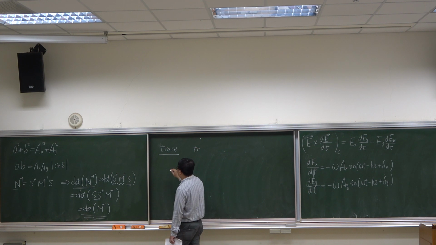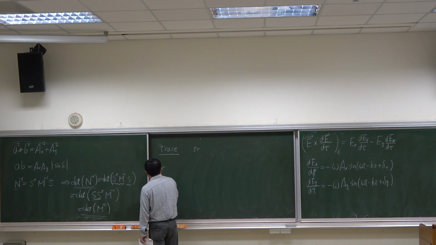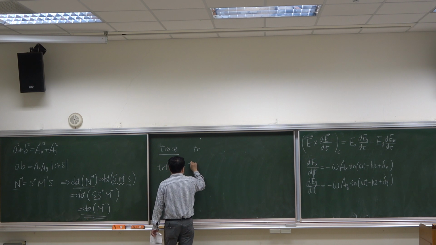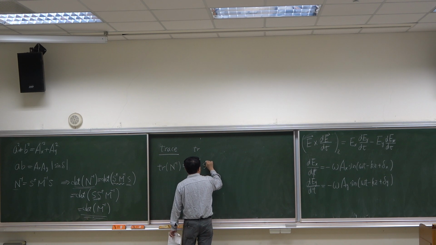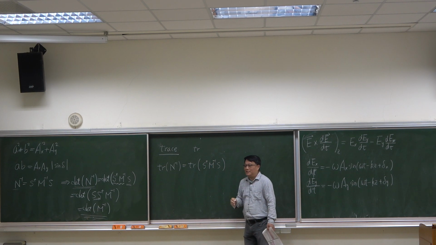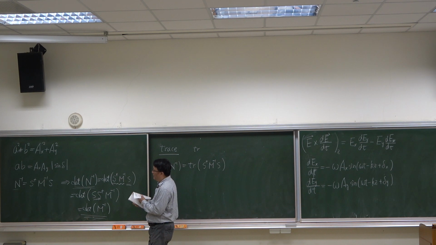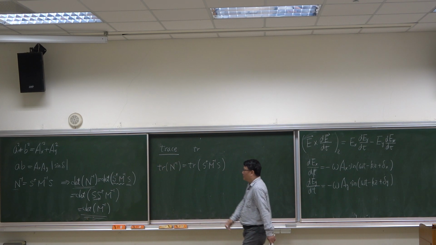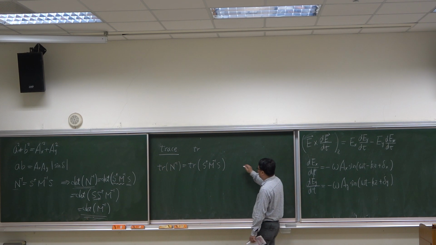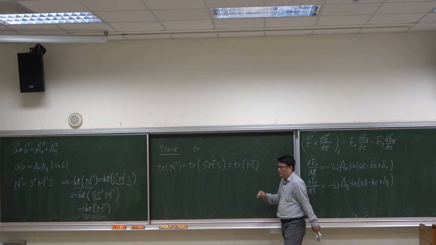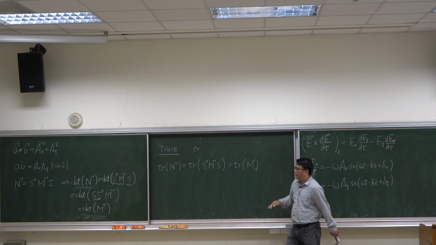So if we calculate the trace of N inverse, it is equal to trace of S transpose M inverse S, and the trace is also unchanged if we do similarity transformation. So trace N inverse is equal to trace M inverse, the sum of the diagonal elements of the matrix.